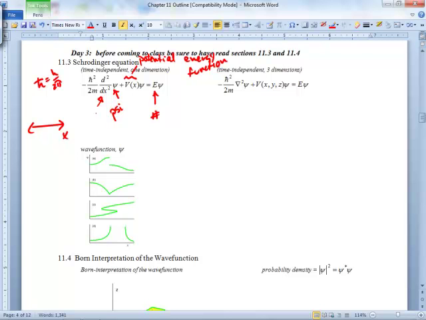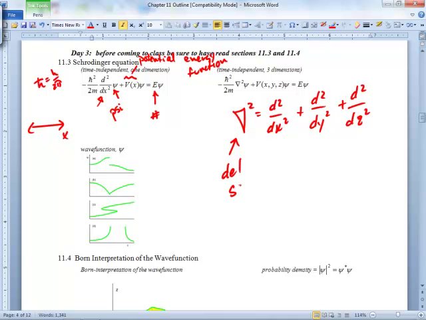Now, if you make it 3 dimensions, you don't have d2 dx squared alone anymore. You have d2 dx squared, but you also have the second derivative with respect to y and with respect to z in 3 dimensions. So instead of writing all that, we call it del.